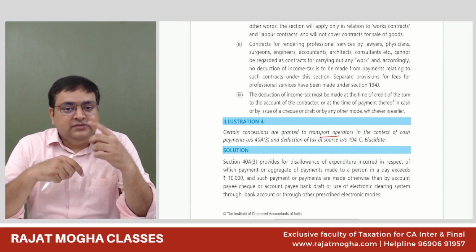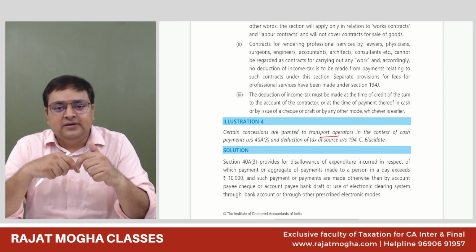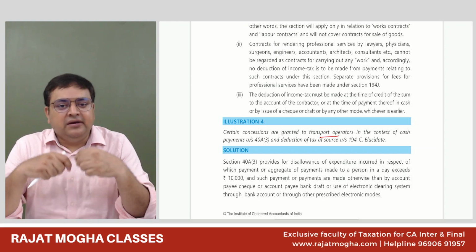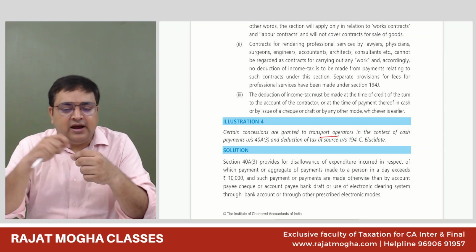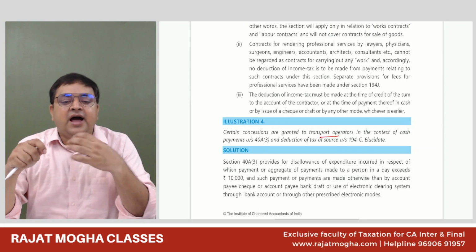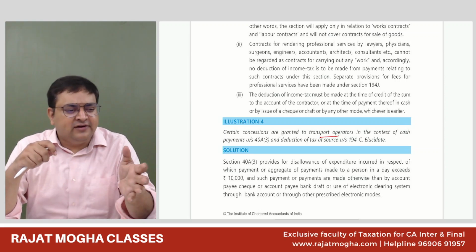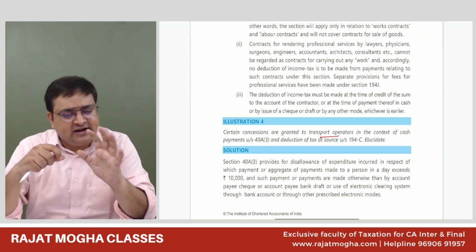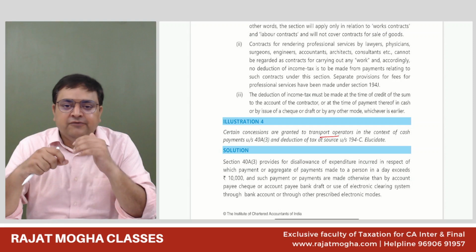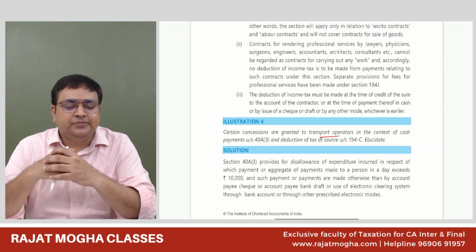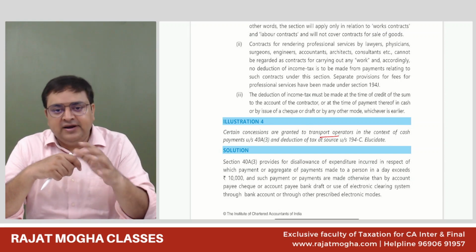But let's say this goods transporter gives you a declaration: sir, I'm giving my PAN number to you, and also an undertaking in writing that I'm a very small transporter. I own a few trucks, 2, 3, 4, 5 trucks, not more than 10. Then we will not deduct his TDS. But if he does not give a declaration, then we will deduct the TDS.